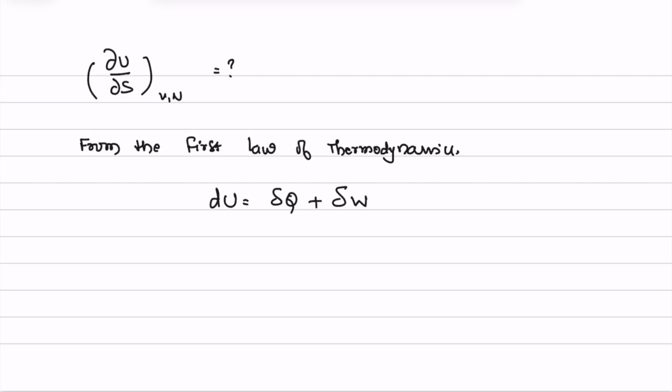And from the entropy definition, what is the entropy definition? dS is equal to delta Q by T, where Q is for a reversible process.